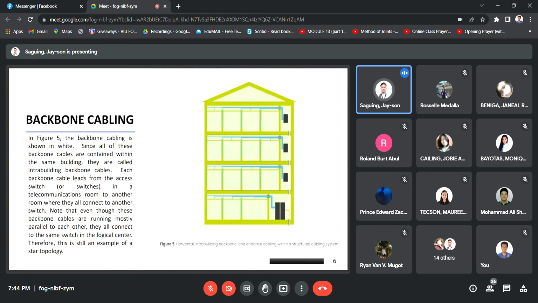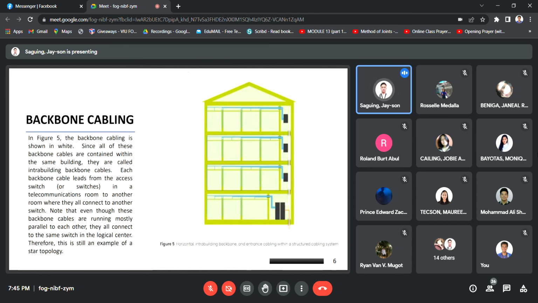Each backbone cable leads from the access switch or switches in a telecommunications room to another room where they all connect to another switch. Note that even though these backbone cables are running mostly parallel to each other, they all connect to the same switch in the logical center. Therefore, this is still an example of star topology.